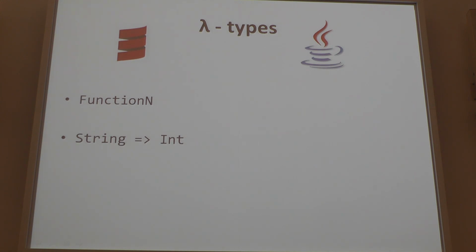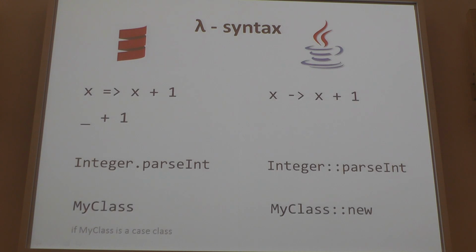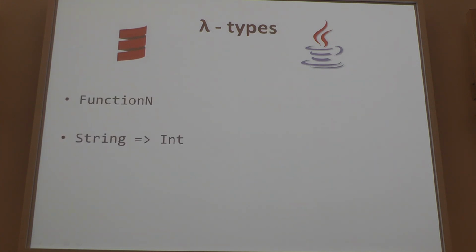In Scala, there are 22 traits, Function1, Function2, Function3, and up to Function22, that define common supertypes for functions that take the number of parameters here. So every expression that you create with this syntax, we see that this takes one parameter, so this will create an instance of Function1.